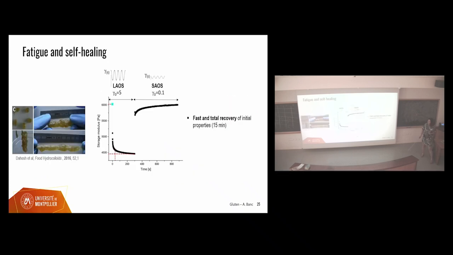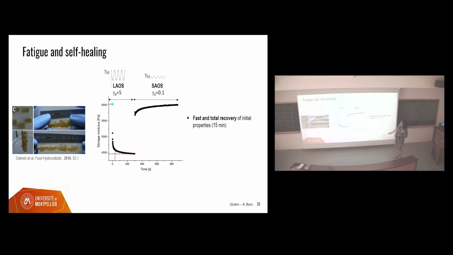Finally, to finish describing the behavior of this gluten, if you make several pieces of gluten, you stick them together. They look like glue. That's why we qualify gluten as gluten. And you get a unique material.